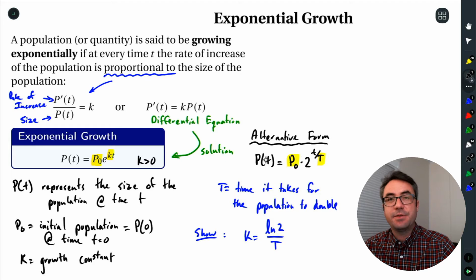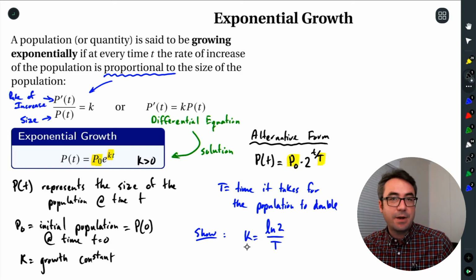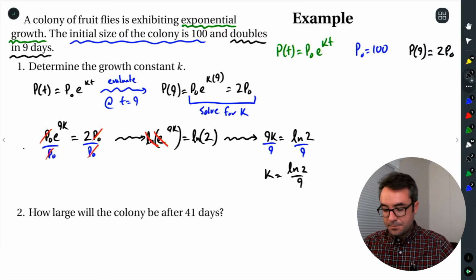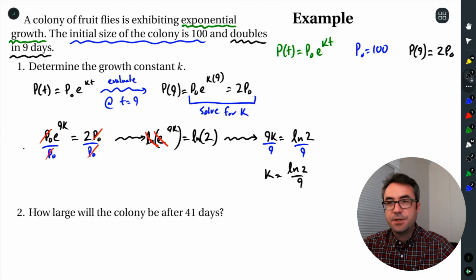And if we're thinking of it in terms of this alternative format, then the growth constant k is equal to natural log 2 divided by time capital T, the time it takes to double. And that's precisely what we found. Our population doubles in size every 9 days, and k is equal to natural log 2 over 9. So just kind of checking this out here in our example. All right, so that's part 1, determine the growth constant k.